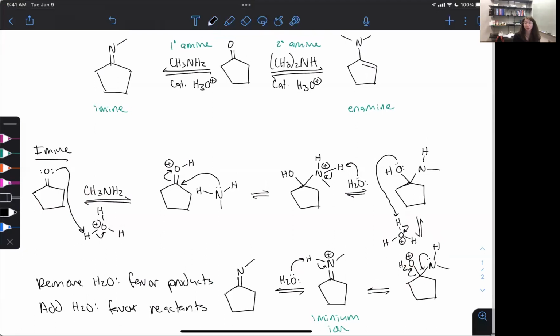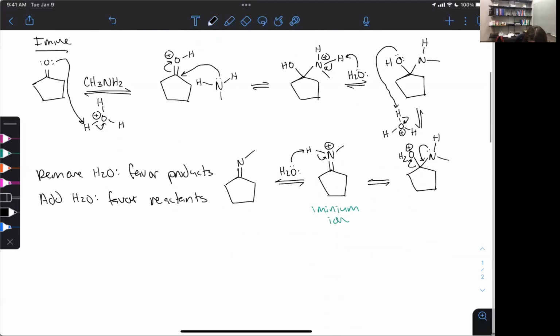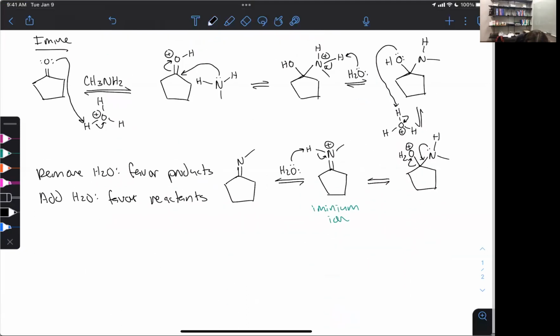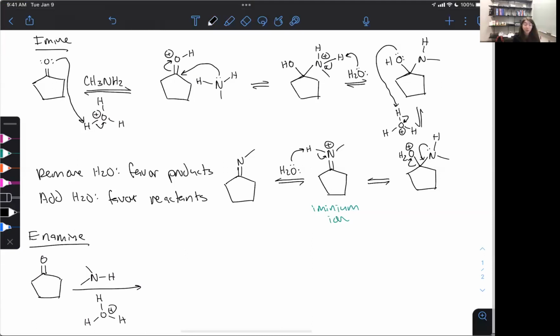So something a little bit different is happening here, but it's going to be very, very similar overall. So we go ahead and look at that one. Okay, I'm still in an acidic environment. I still have an equilibrium process.